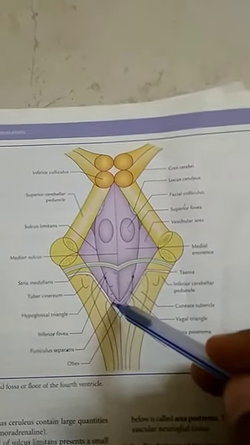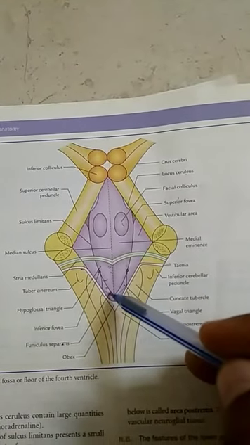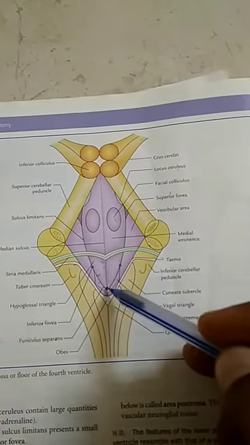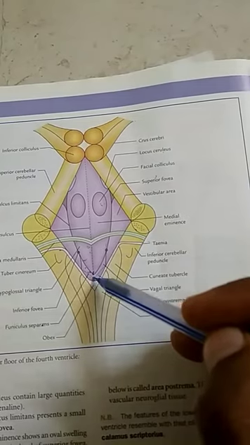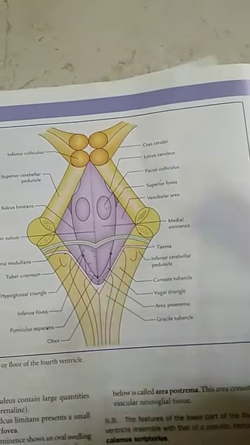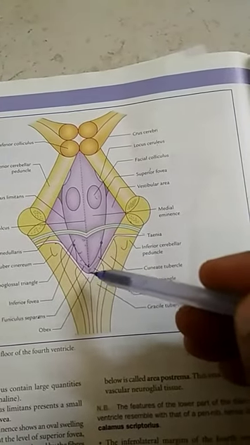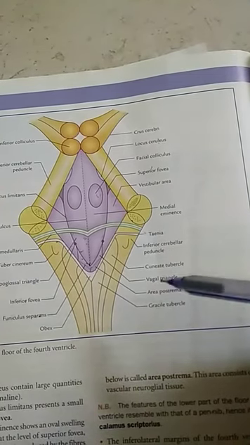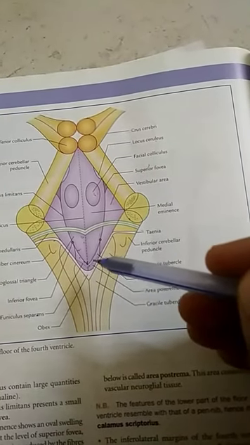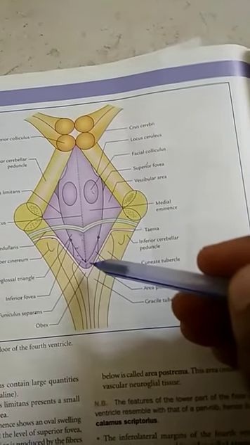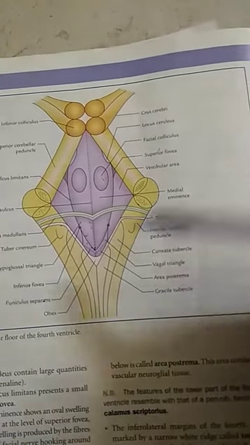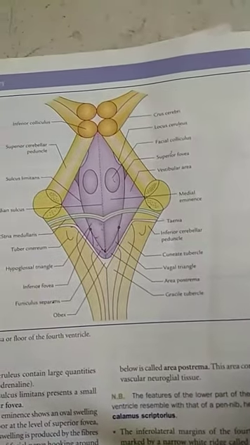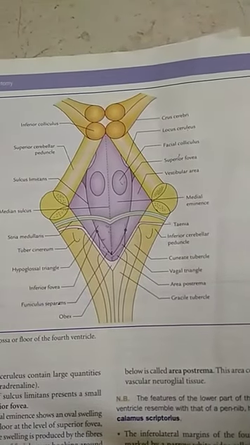A small area between the funiculus separans and the gracile tubercle is known as the area postrema. This area contains highly vascular neuroglial cells.